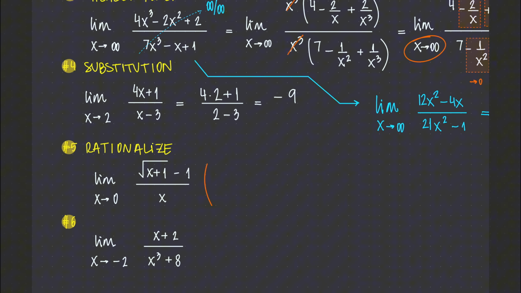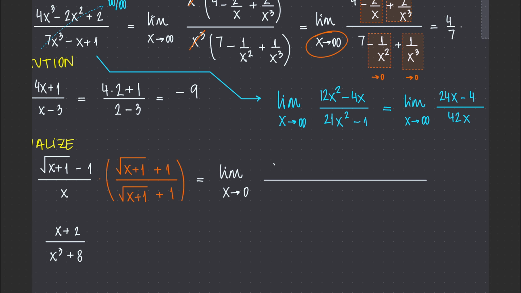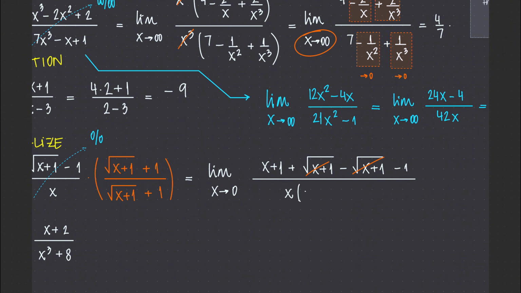We're going to multiply the top and the bottom by root of x plus 1, and by the same thing, of course, so we don't change the function. We have root x plus 1 times root x plus 1, which is x plus 1, plus root x plus 1, minus the same root, minus 1, and we can, of course, simplify these roots. And in the denominator, we have x times the root of x plus 1 inside this set of parentheses.